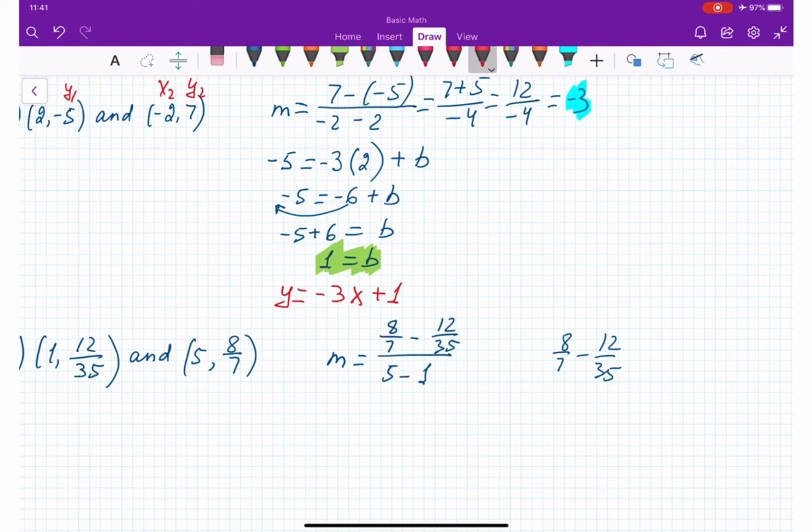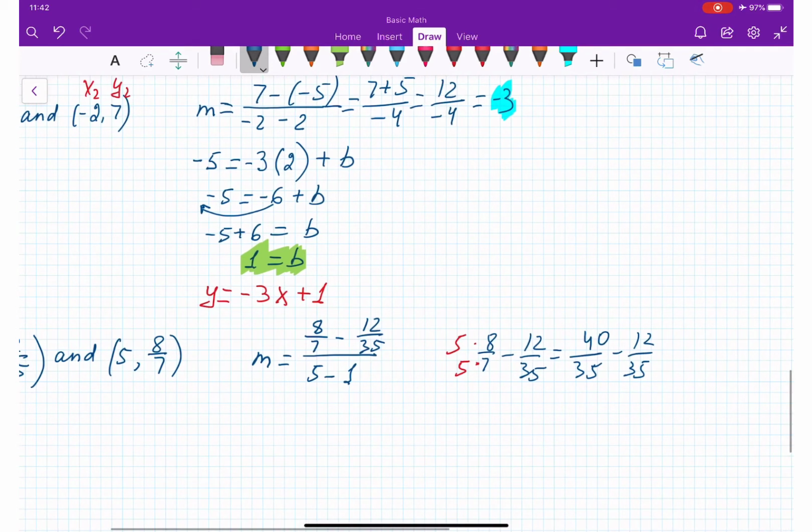Because 35 you can divide by 7, and 35 you can divide by 35. So how much is 35 divided by 7? It's 5, which means I have to multiply 7 by 5, correct? Multiplying by 5, multiplying by 5. And what do we get? 35, I don't touch it because we have 35. I get 40 over 35 minus 12 over 35.